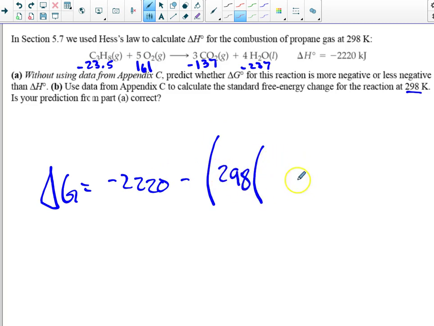What did this number end up being? Does that look right, everybody? And what does that end up being? 1518?